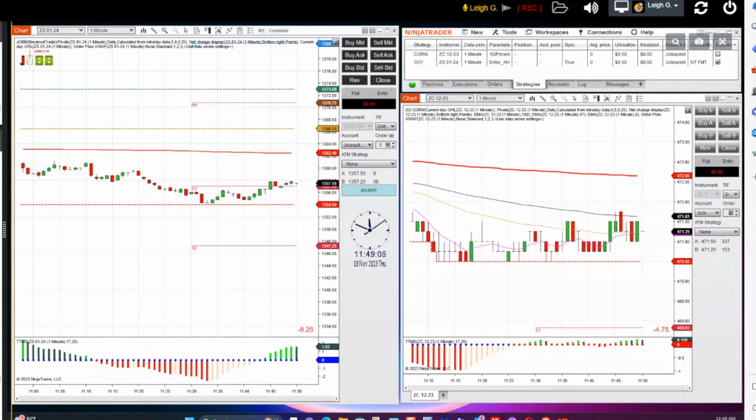I do like to take a look at the pre-volatility, or the volatility, of the instruments that we're trading. Before the news, you could see that corn is roughly down 4.75. Soybeans are down 8.5 points roughly. We calculate those numbers generally from the 6 p.m. open.